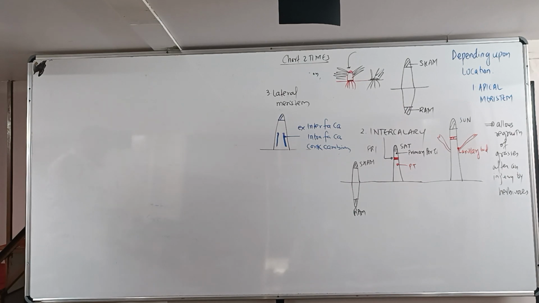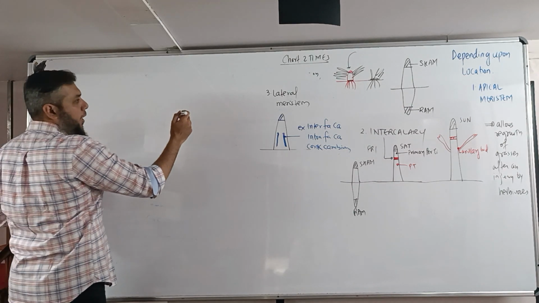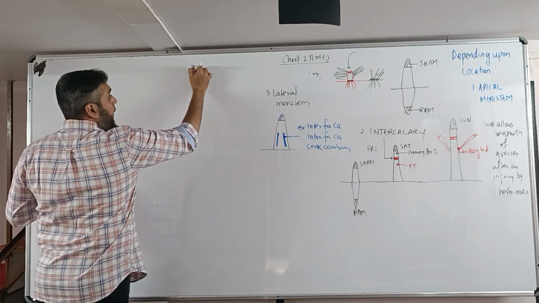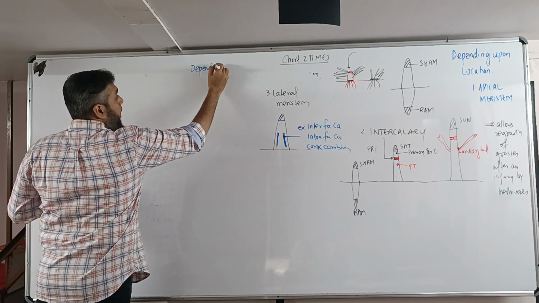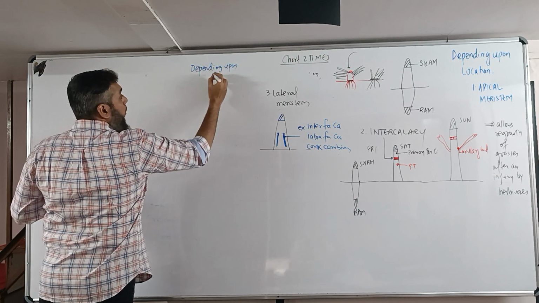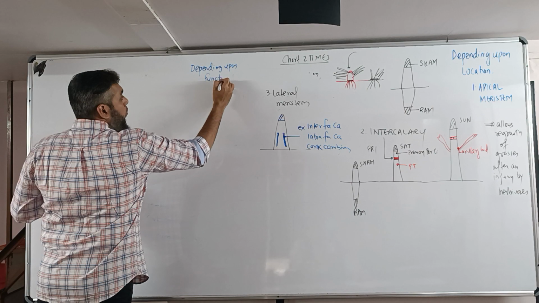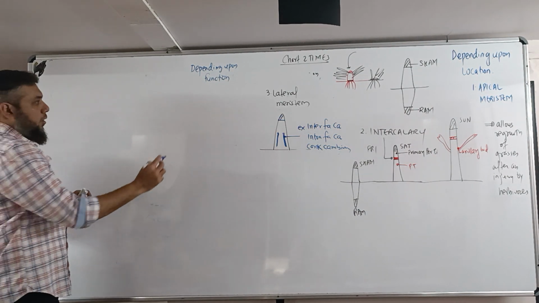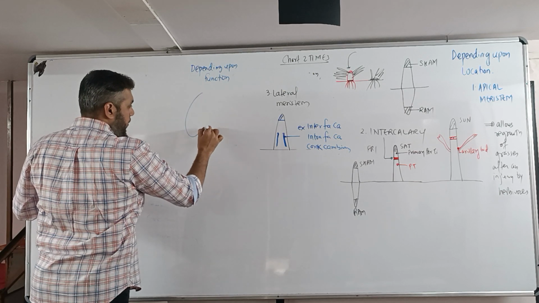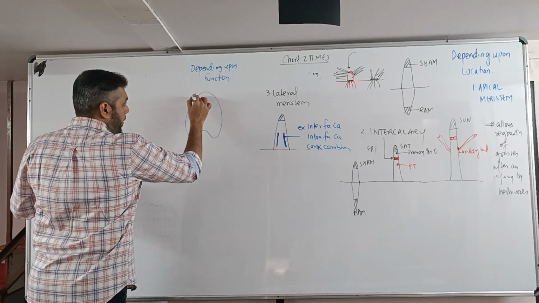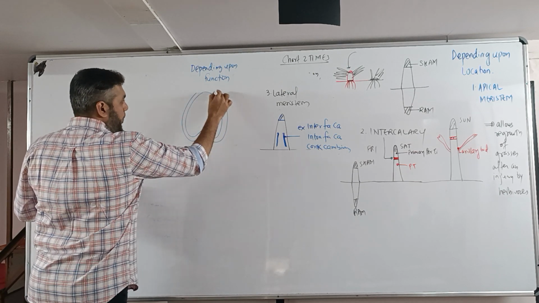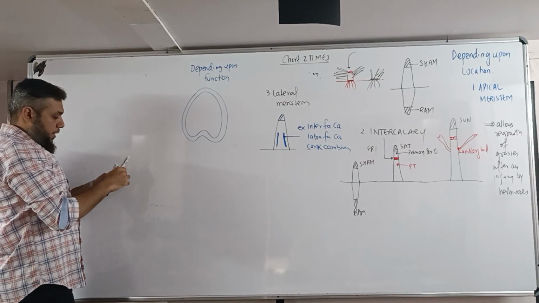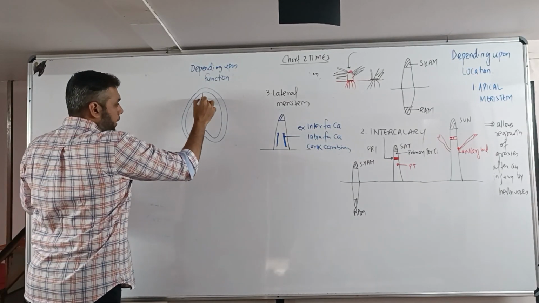Then kids, the fourth type, the third type, that is depending upon its function. At the apex, it's a type of apical meristem only, but depending upon its function, let me classify it.